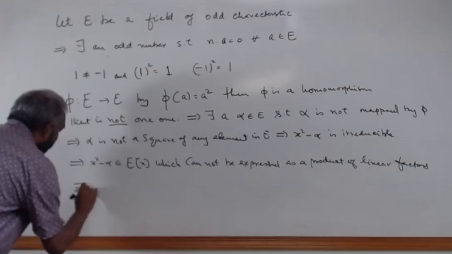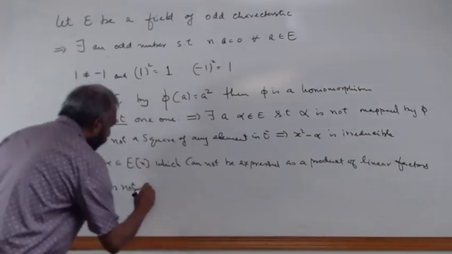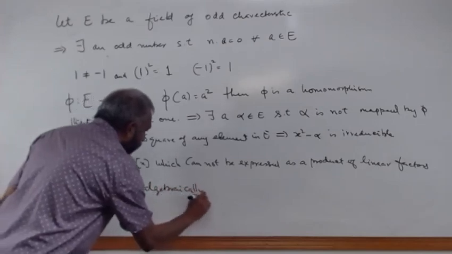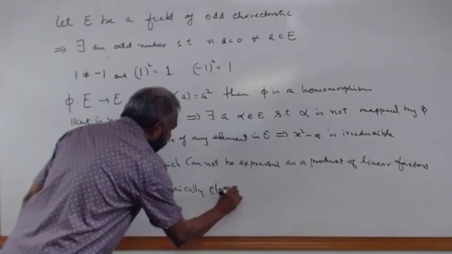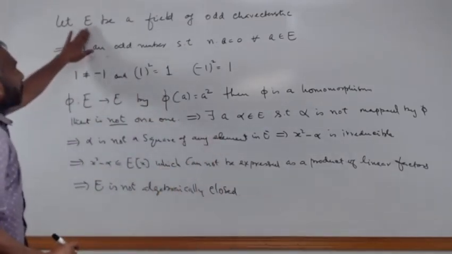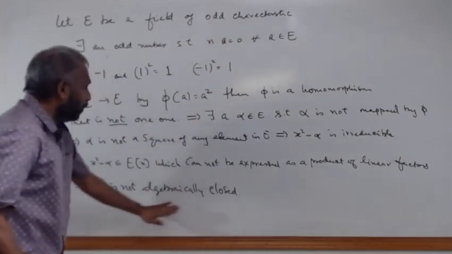And what does that imply? That implies E is not algebraically closed. So if there is a field that has got odd characteristic, it cannot be algebraically closed.